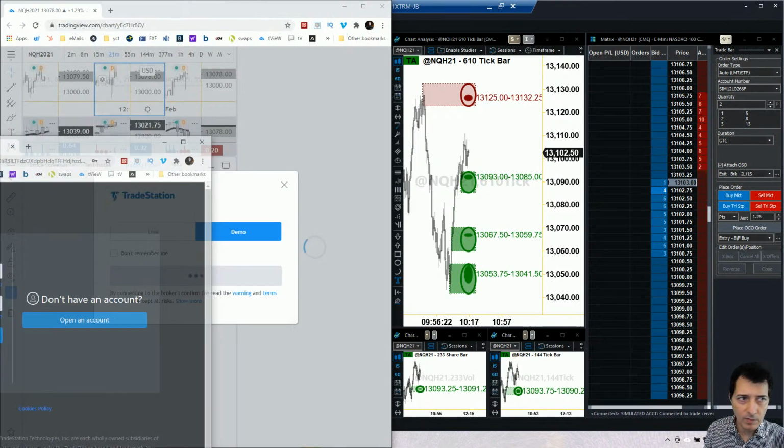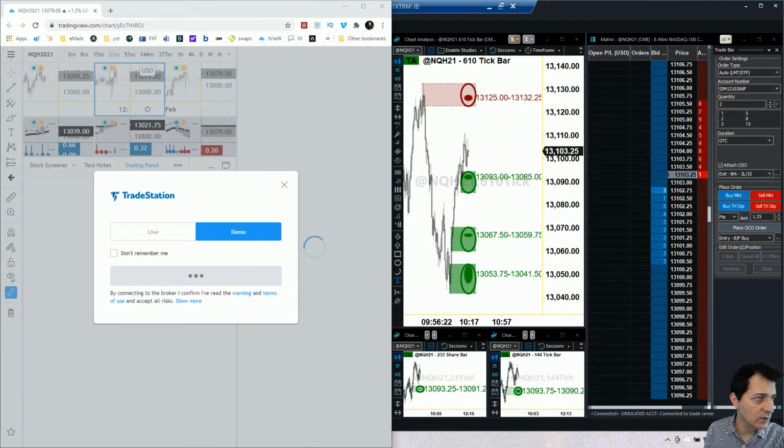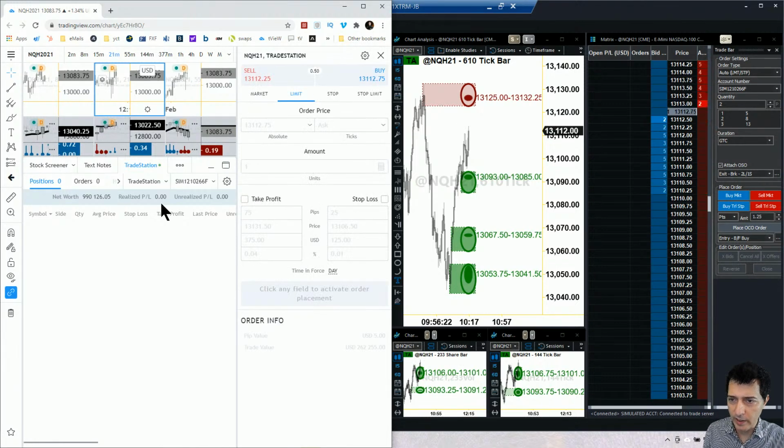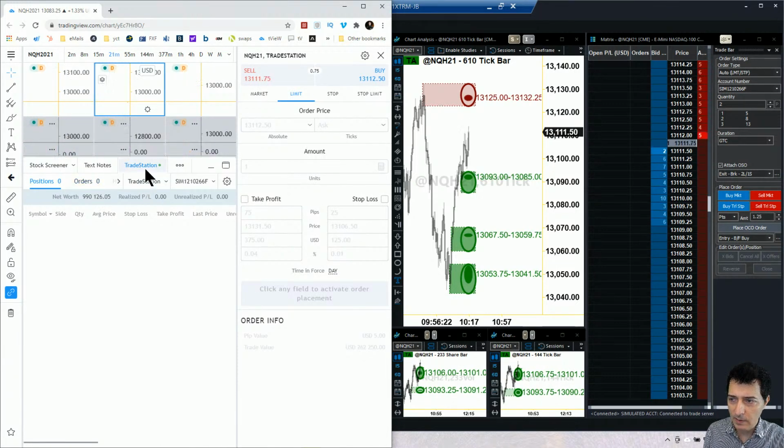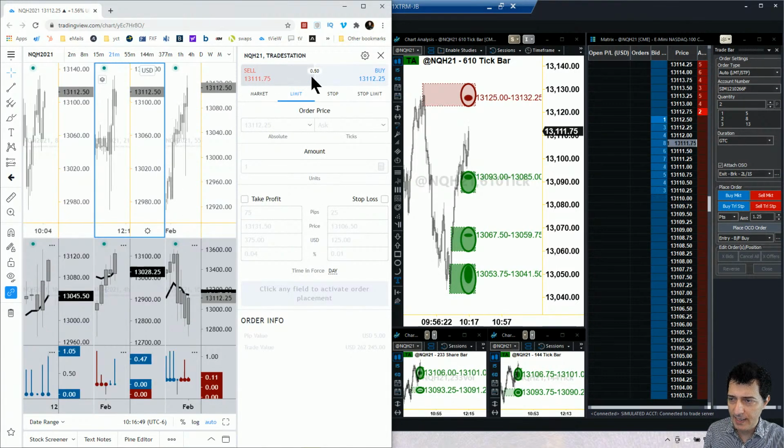Give me, if you don't mind, I'm just gonna do this on my other computer screen. One sec. I just have to validate that me is me on my phone. Allow. Here we go. And I'm about to get real-time data on TradingView through TradeStation. Beautiful. 1, 2, 3. Here we go. We got it. Okay. So why am I doing all of this? Because I want to use the order panel here on the right to be able to quantify the risk of the trade and everything else.